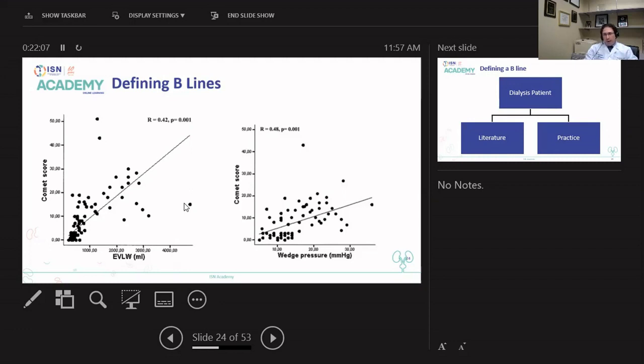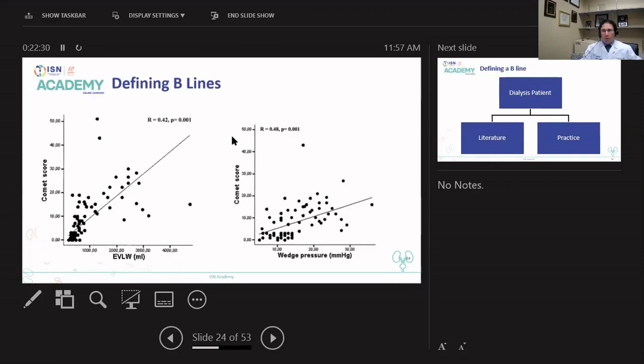What I want to make note of here is clinically relevant. Look at the scatter along the lines. You'll notice that with 10 B lines, for instance, you might have a wedge of 10 or a wedge of 30.